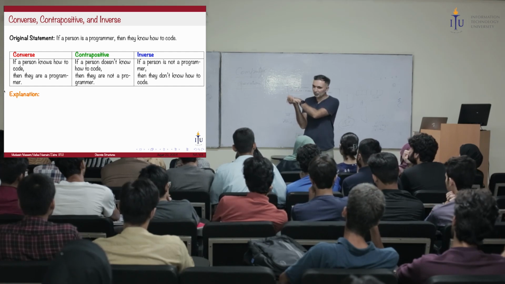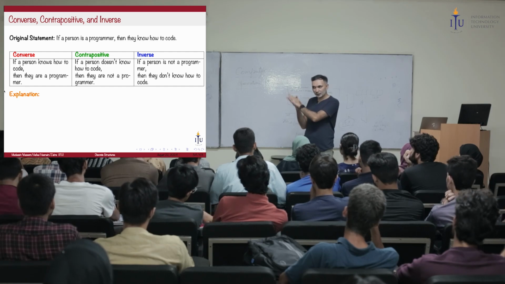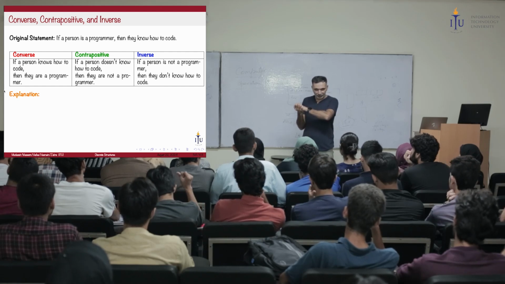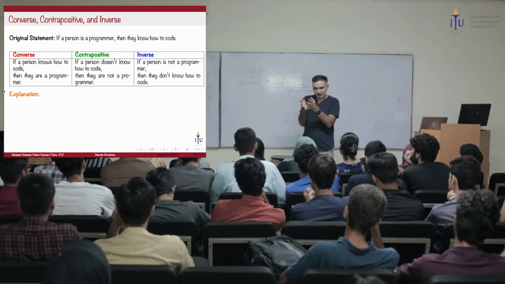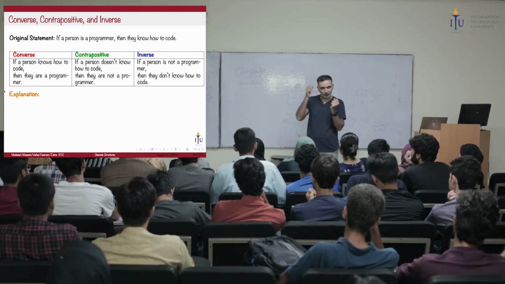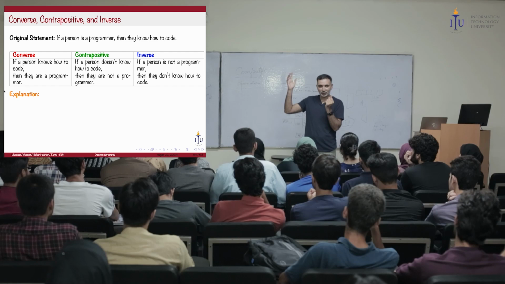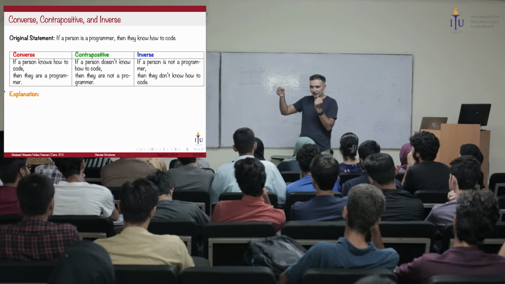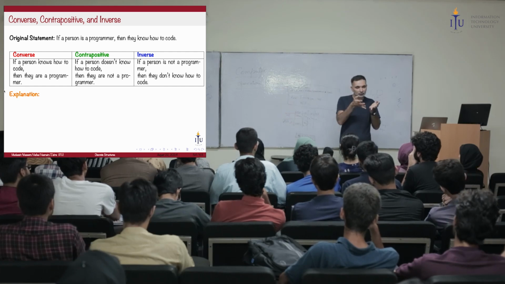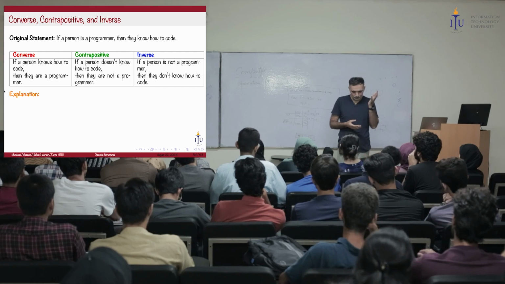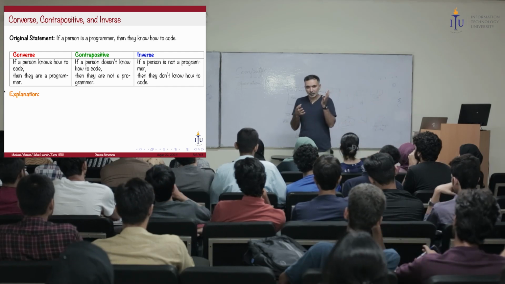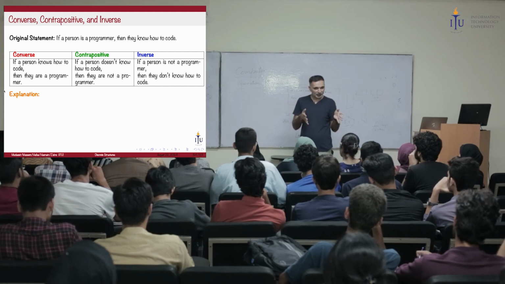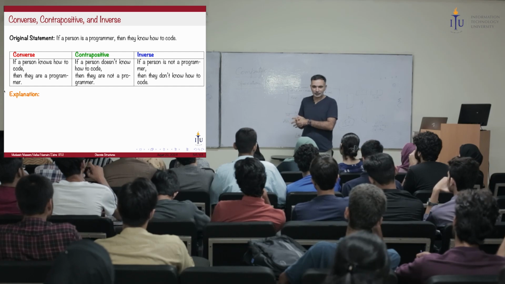If P, then Q is equivalent to saying that Q is necessarily happening when P is happening. What that means is that if Q is not happening, then P is guaranteed not to be happening. That is, if not Q, then not P. That's the contrapositive.